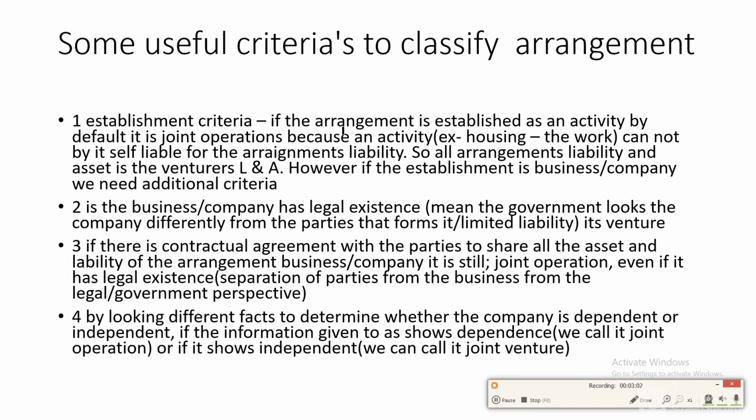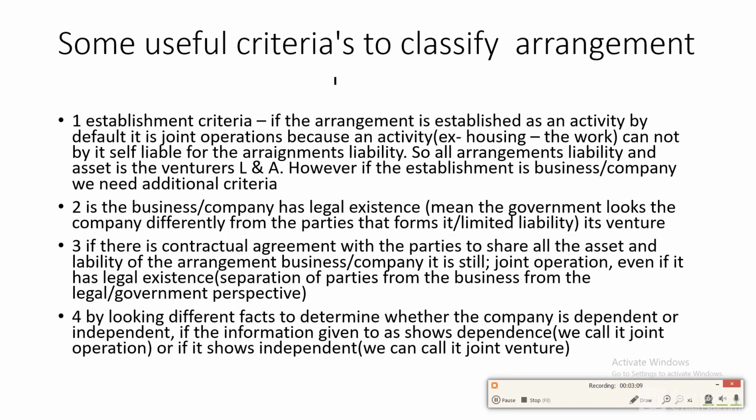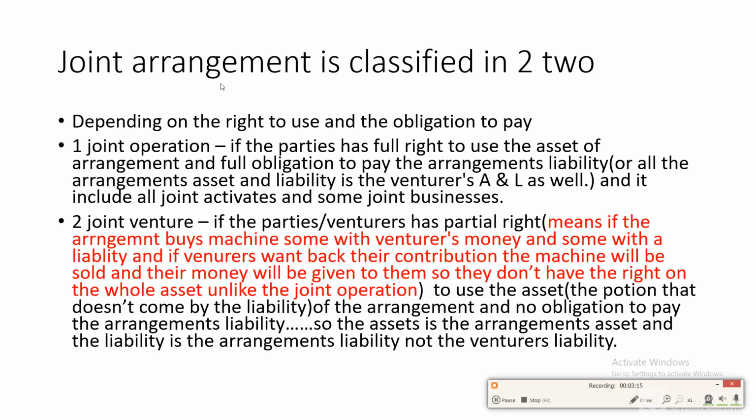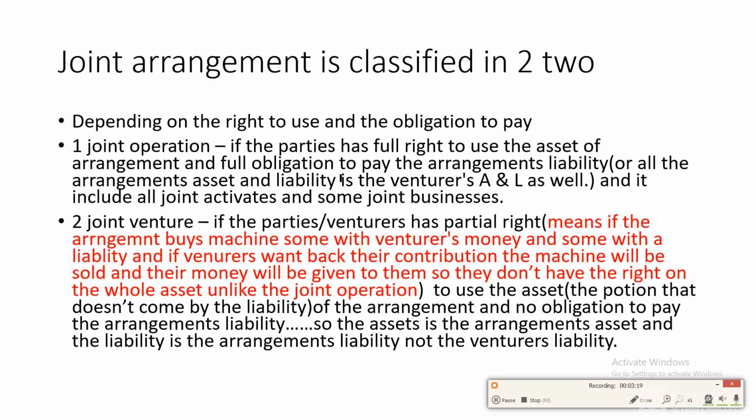So let me look at it. There is a criteria to classify an arrangement as an operation or a venture. From the start we have already classified using this criteria.